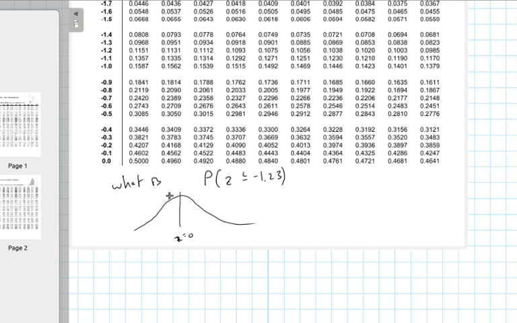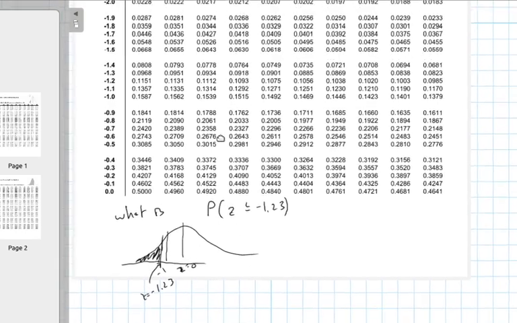If I step 1 to the left, that would be a z of negative 1. If I go a little bit further, we get z equals negative 1.23. So right here, this is z equals negative 1.23. I'm trying to find the area to the left of that value underneath the curve.